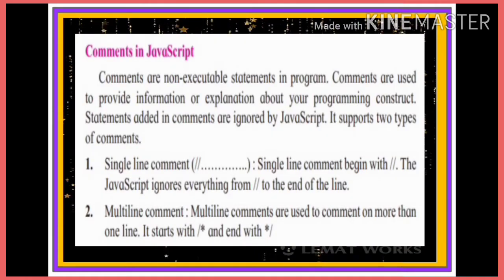Also, we have seen the comments in JavaScript, single line comment and multi-line comments. Comments are non-executable statement in program. Comments are used to provide information or explanation about your programming construct.